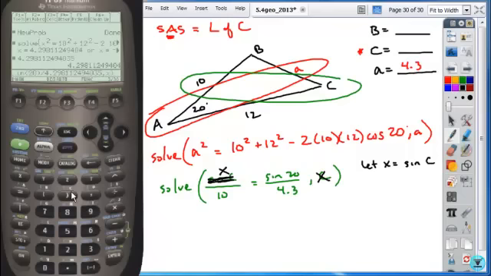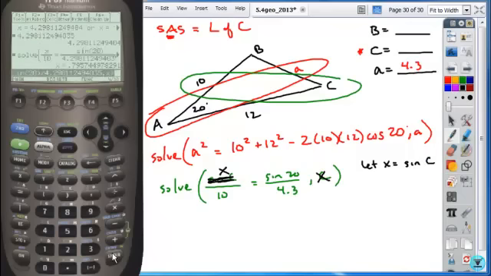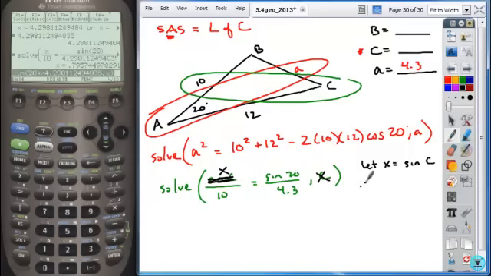So prediction-wise, I'm solving for a sine or cosine ratio, so what do I expect this number to fall between? Between -1 and 1. When I hit enter, it fits that description, so I have 0.7957 is equal to the sine of C. Therefore, angle C can be found by taking the inverse sine of that ratio.